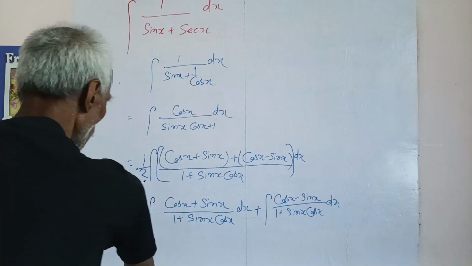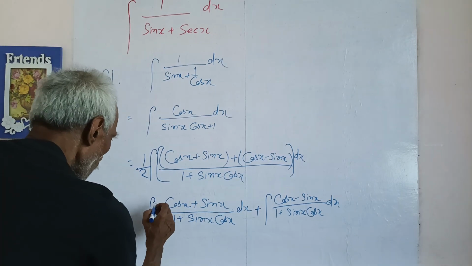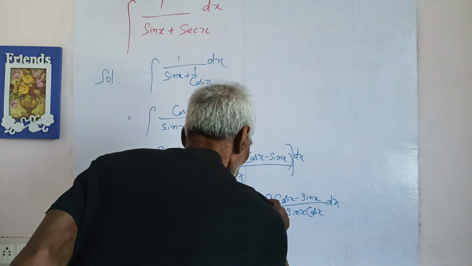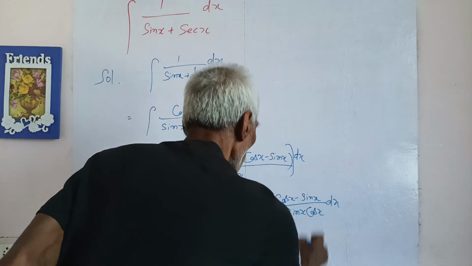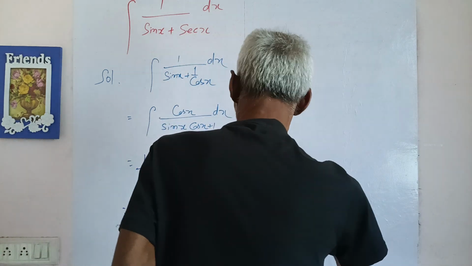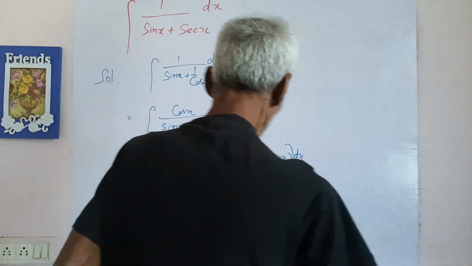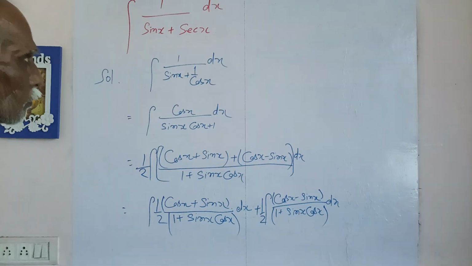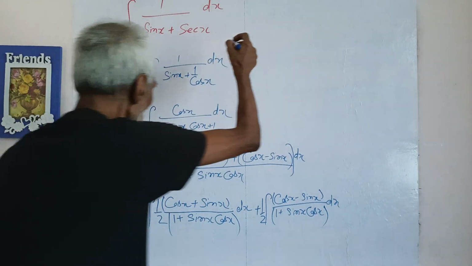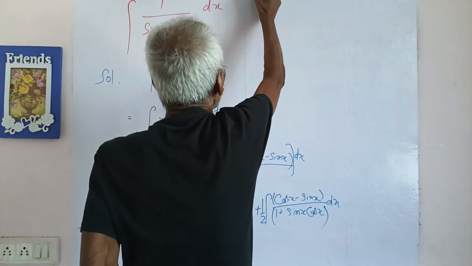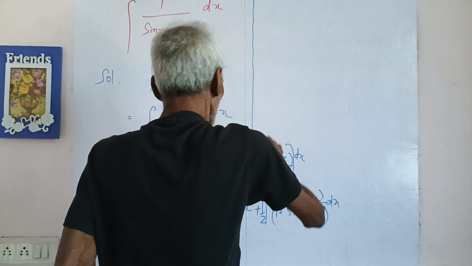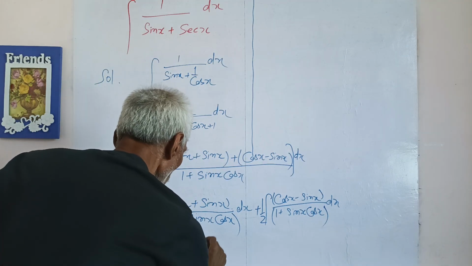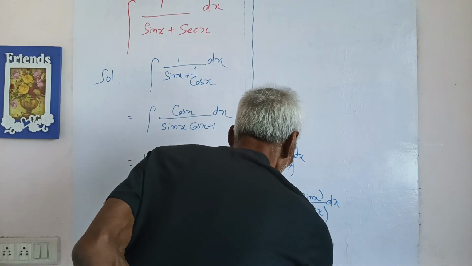Now these two parts are both here and here. Now let this be I1 and this be I2.